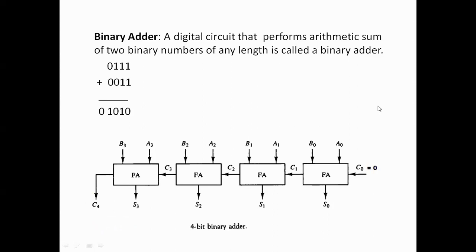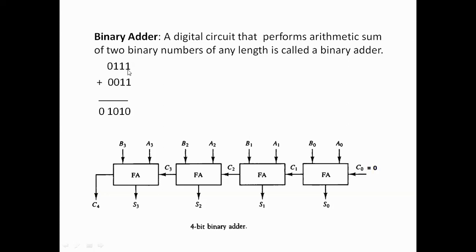But in practicality, we see that a number consists of a number of bits, like this. So if I represent, for example, a number 7, then 7 at least needs 3 bits to represent, like this.